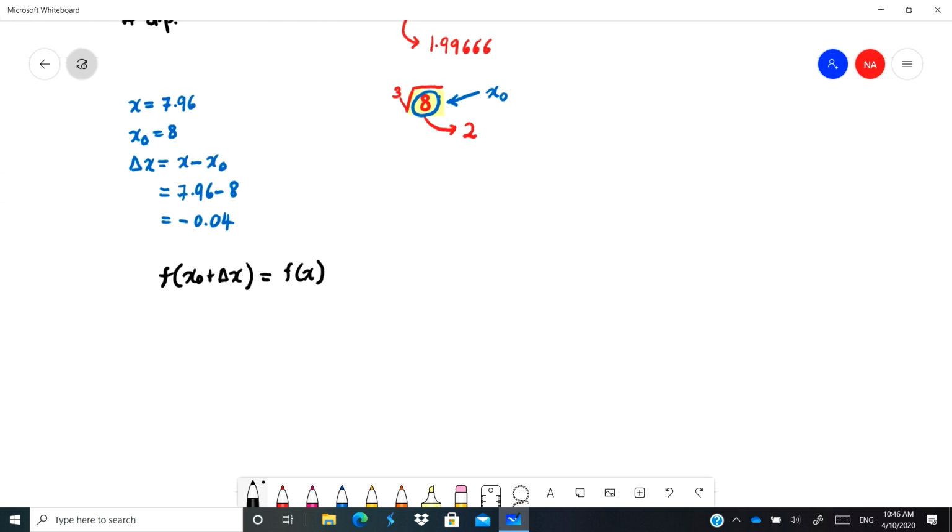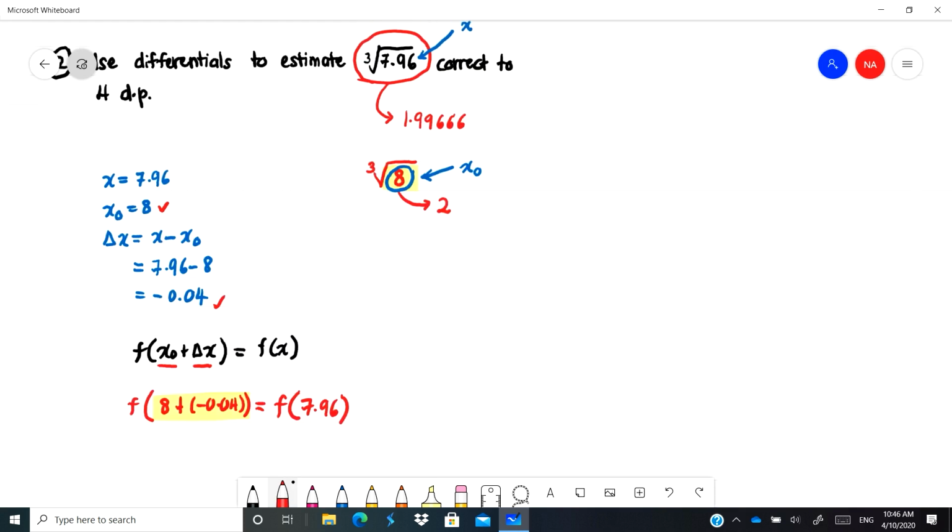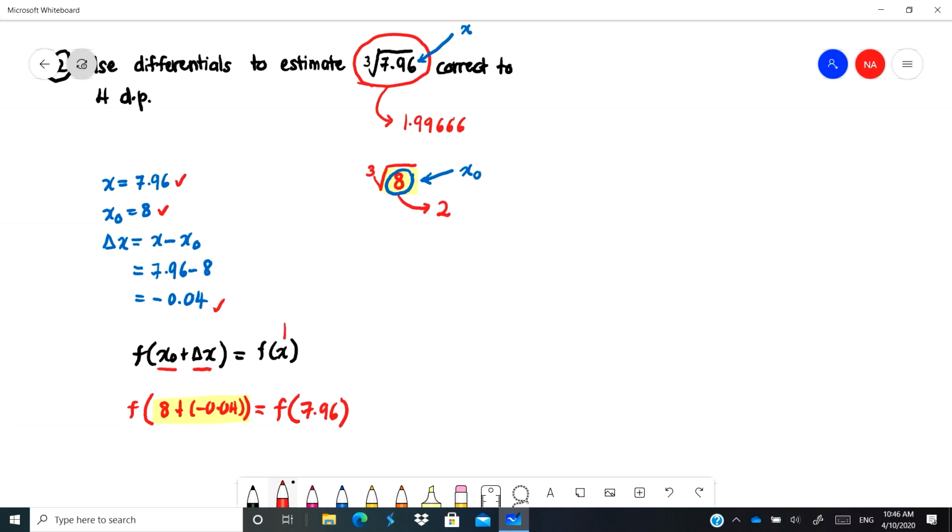In this case x0 is 8, and 8 plus Δx, which is negative 0.04, gives us x. If you calculate this part using the calculator, it gives 7.96, which is this x. So this is f(x), and this is x.